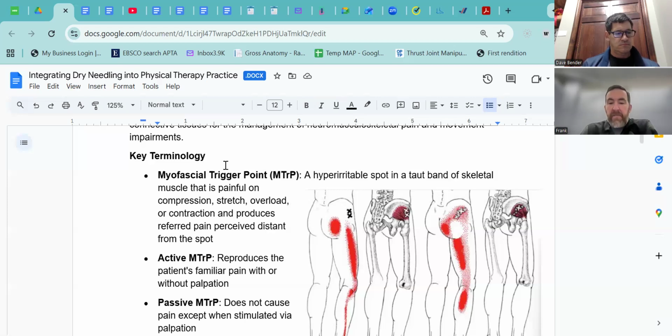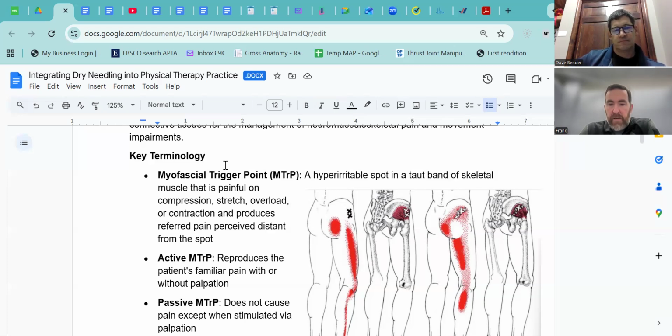So Travell and Simons has a great amount of referral maps. We have a couple in this presentation, and we'll try to make accessible a handbook with more of them. In this case here, you can see some of those gluteal muscles.